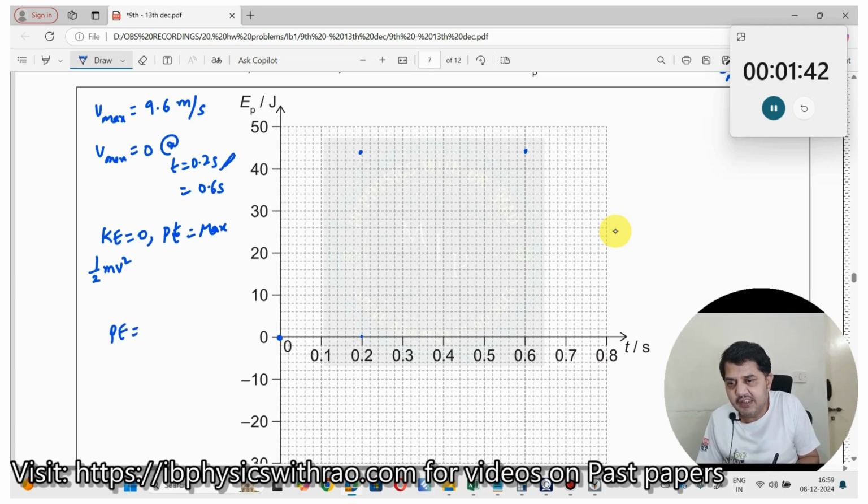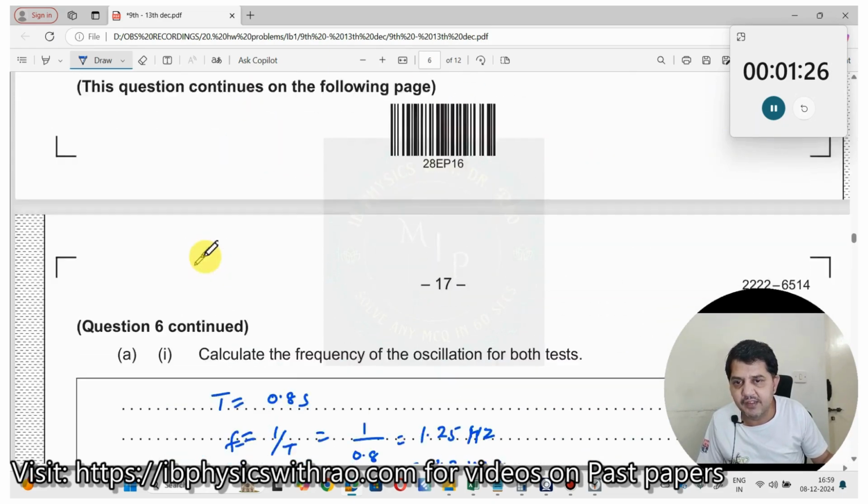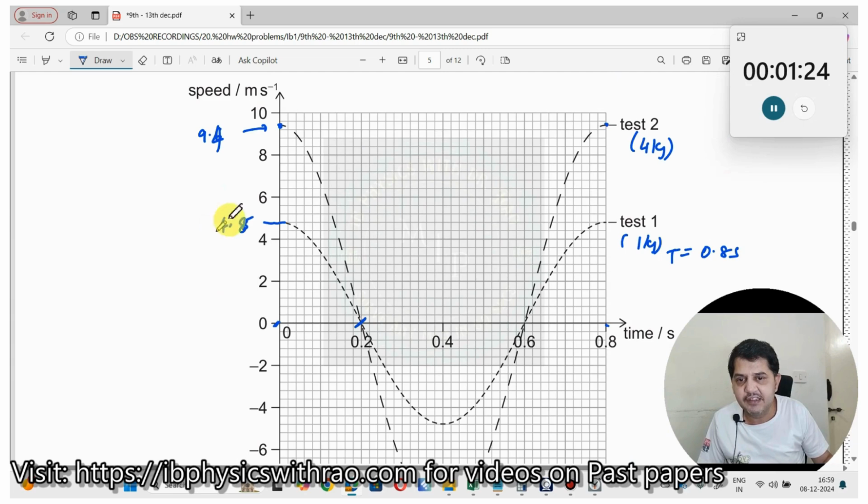Potential energy is 0 at t equal to 0, and also it becomes 0 at t equal to what? See, whenever velocity is maximum, potential energy becomes minimum. Where does velocity become maximum? Let me go back to this. See, because it gives you a chart of velocity maximum. So velocity is maximum at this point at t equal to 0.